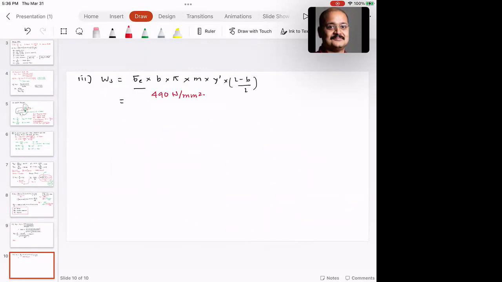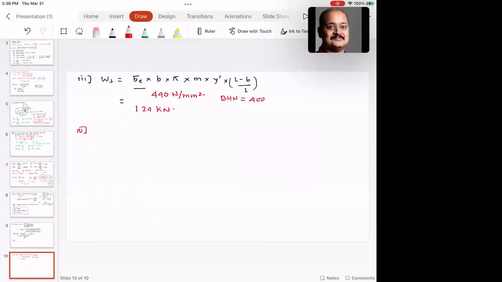You can select the appropriate BHN. I used BHN equal to 400. So you can substitute these values and I got 124 kilonewtons.